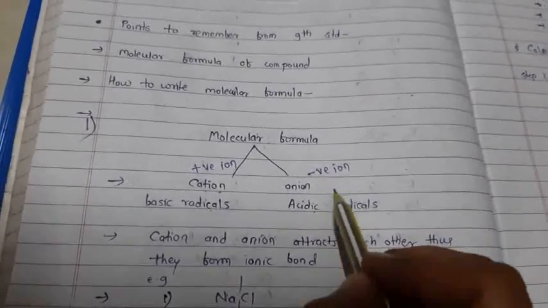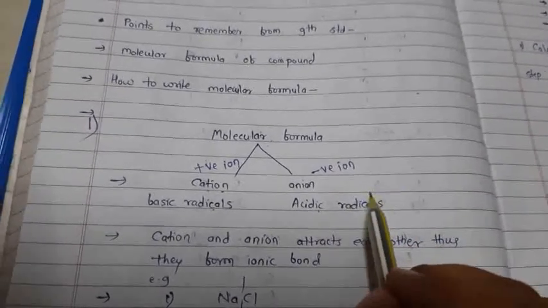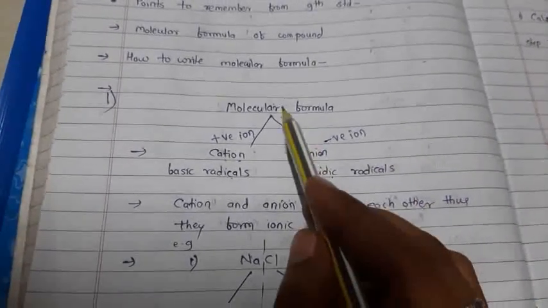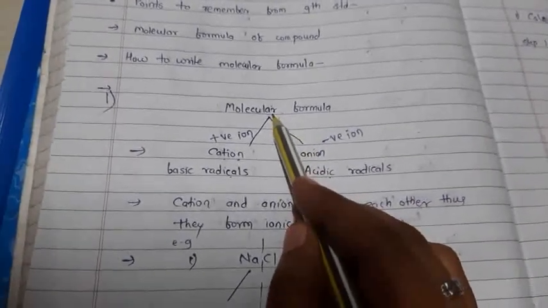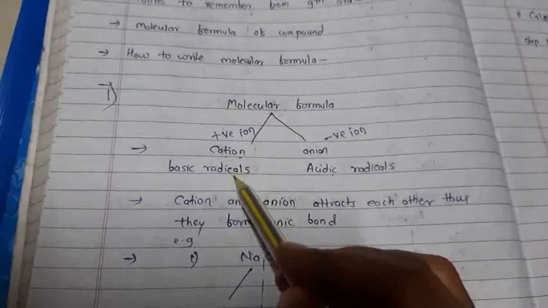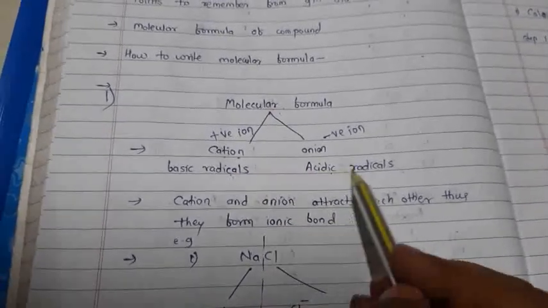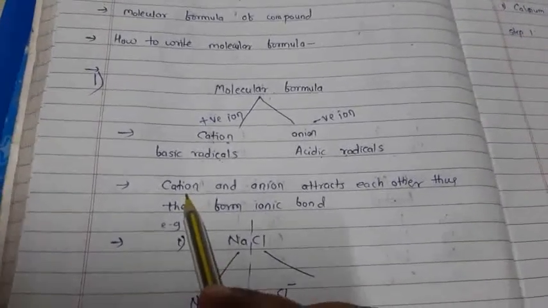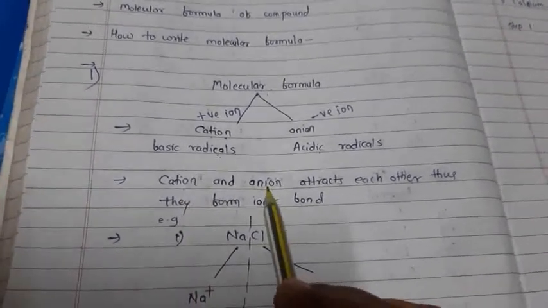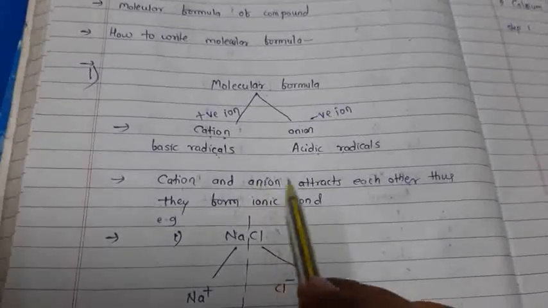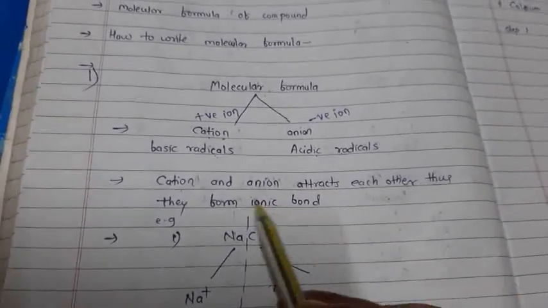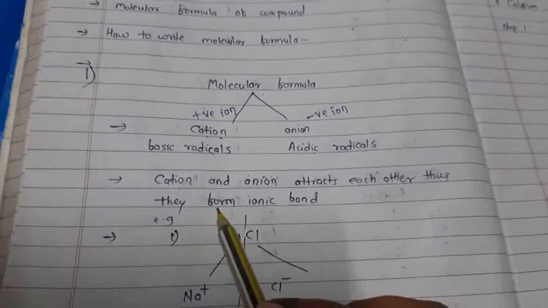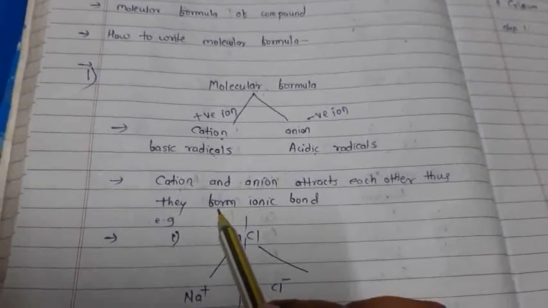Already you have learned all these points, we are just taking revision. So every chemical formula or molecular formula is made up of two parts. First part is known as basic radical, second part is known as acidic radical. As cation is positive ion and anion is negative ion, due to attraction they attract each other and form a bond, and in this way ionic compounds are made.